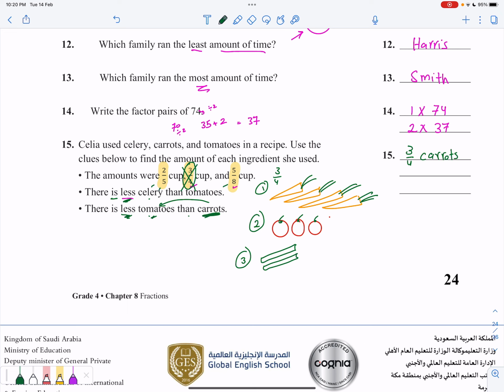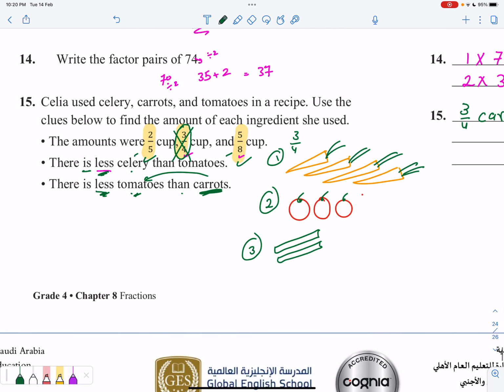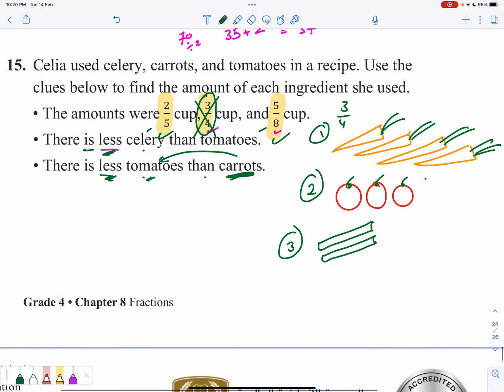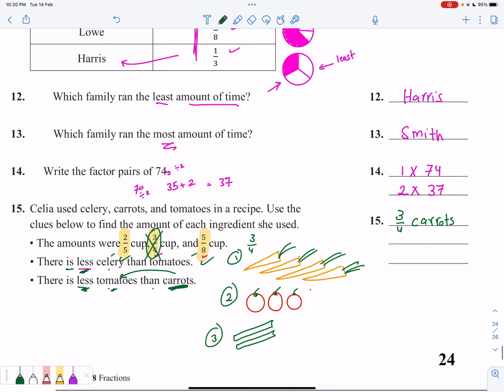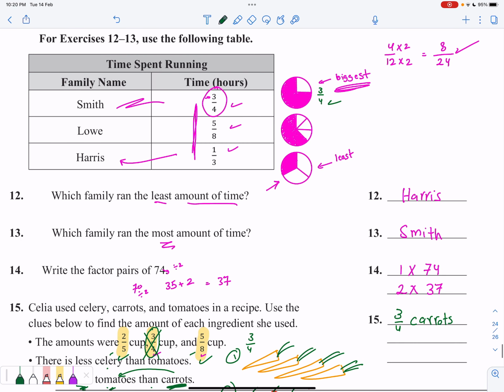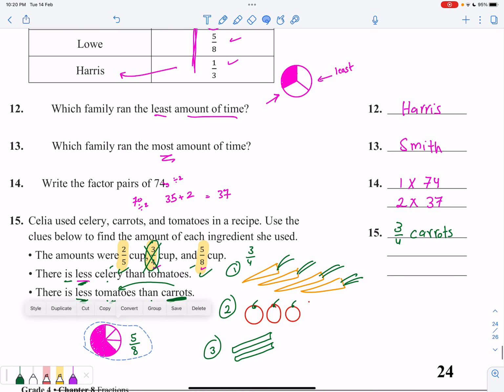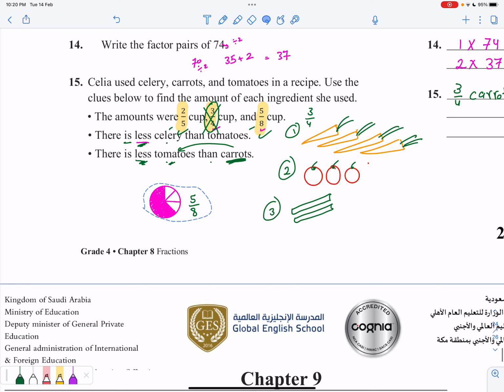One of them is the tomatoes and the other is the celery. We're not sure, so let's draw these. I will start by drawing the 5 over 8, here. I will take it here to compare it with the 2 over 5.